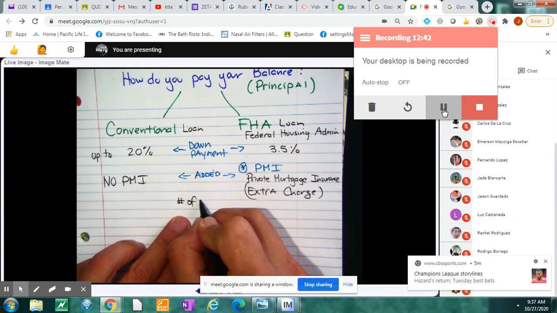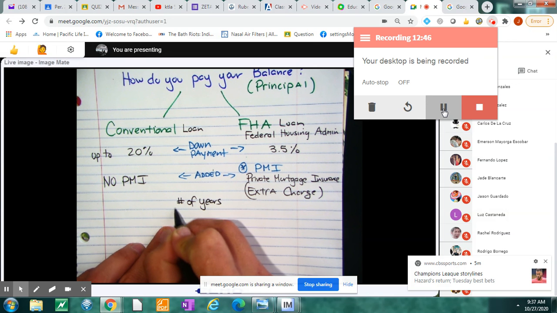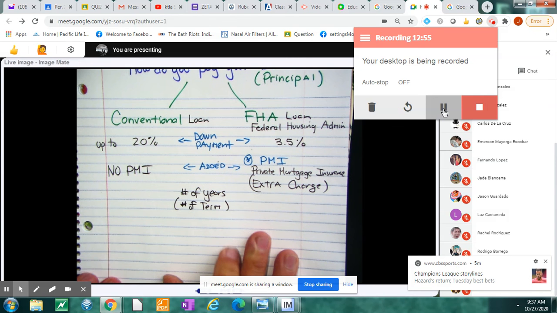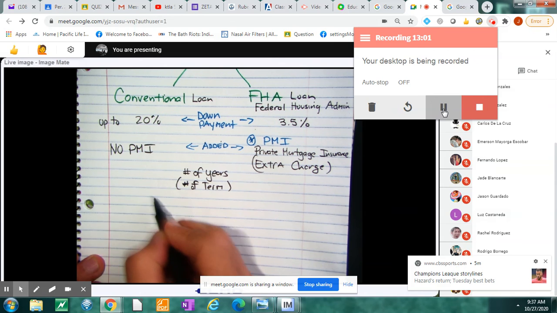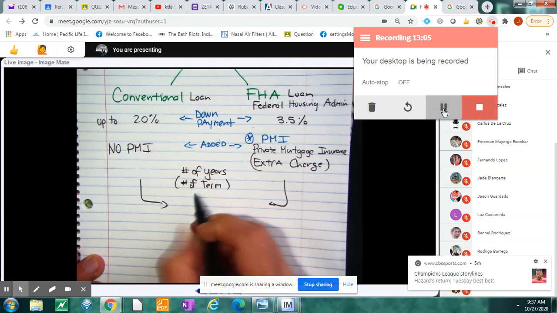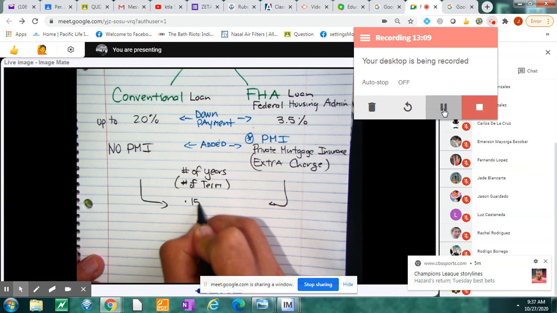So number of years, which is called the number of terms. How long is the term? So you have different types. So for both of them, you have what's called a 15-year term.